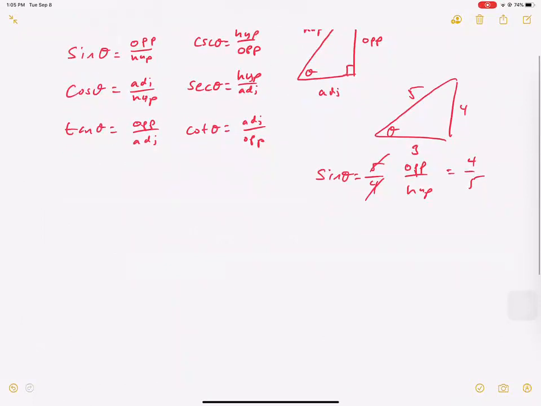Sometimes we have square roots, which mess us up. If I write 5 and 6, that's 36 plus 25, which is 61, so the hypotenuse is the square root of 61. If I ask you for the sine of theta, this will be opposite over hypotenuse.